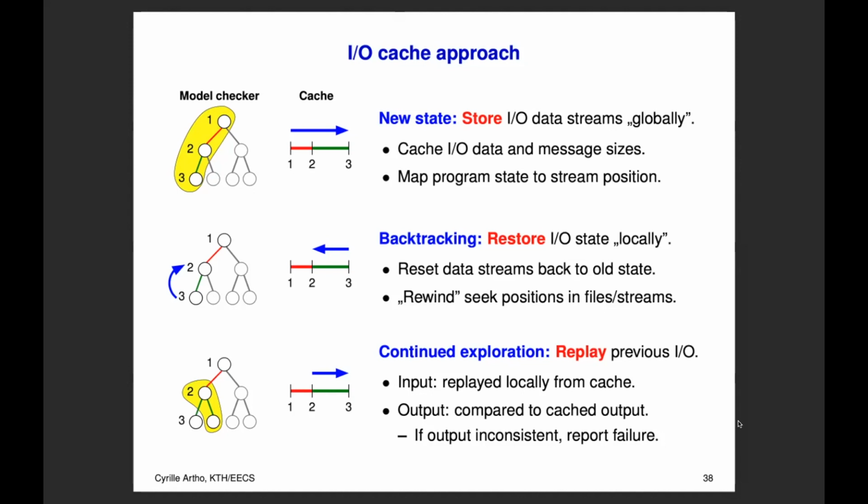And what the cache layer does is cache the data, the message sizes, and this mapping of the states from the program state to the state in the communication stream. If we then backtrack and try a different interleaving, it's like rewinding a tape on this cache structure. So we go back to position 2, both in the program state, because that happens by default, and in the state of this communication stream. If we then continue with a different interleaving, the cache layer recognizes that this is a redundant operation.